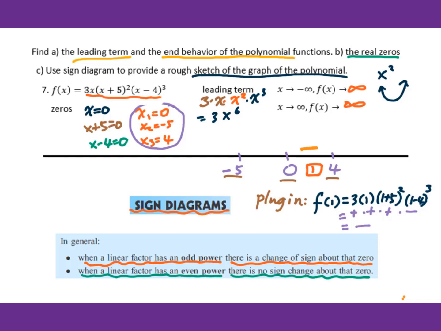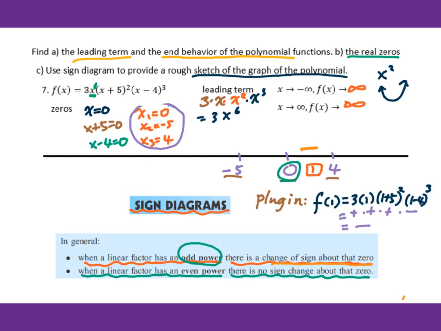For each 0, go back to check the factor. For this 0, we go back to check here. We got the x to the first power. That means there is an odd power. If it's an odd power, then you need to change the sign above that 0.